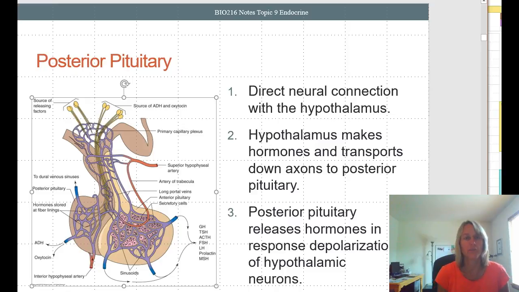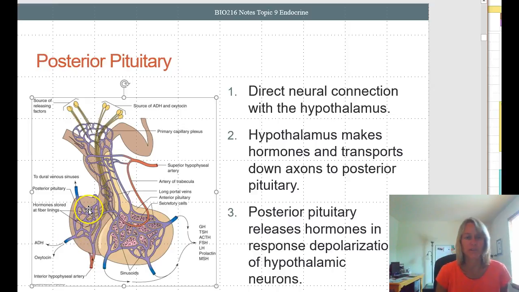Okay, let's look at the pituitary. The posterior pituitary has a direct neural connection with the hypothalamus. So essentially the posterior pituitary is made up of the axon terminals of axons that originate in the hypothalamus. So here the hypothalamus makes these hormones and they get transported down the axons and stored in the posterior pituitary.